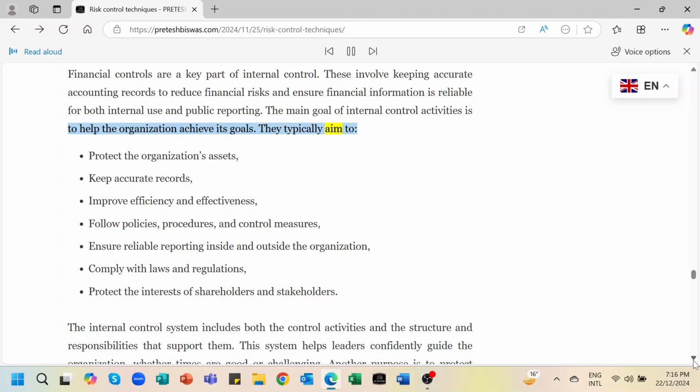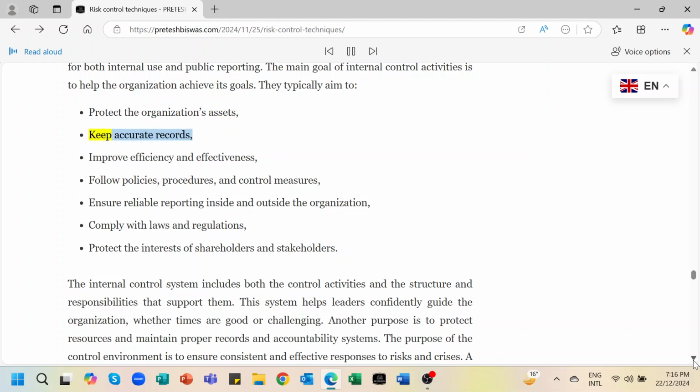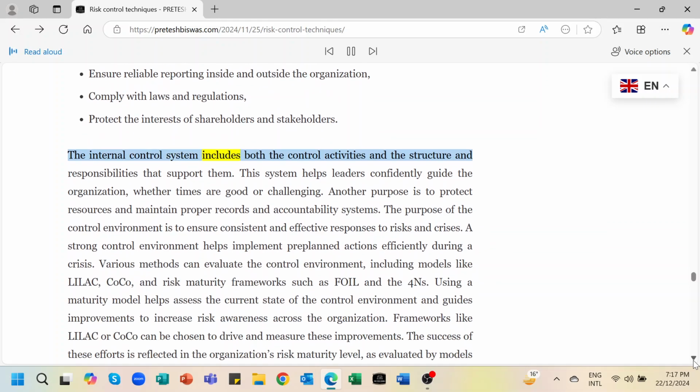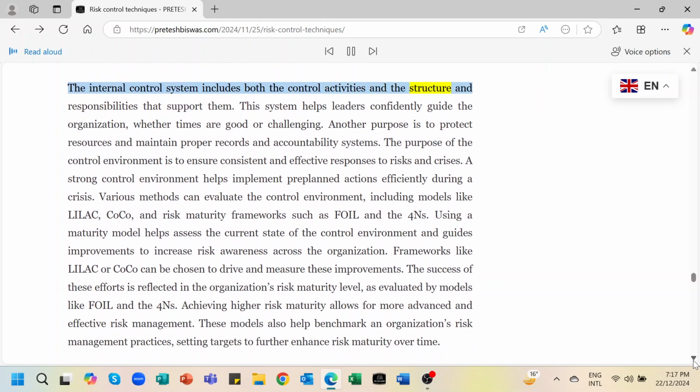They typically aim to protect the organization's assets, keep accurate records, improve efficiency and effectiveness, follow policies, procedures, and control measures, ensure reliable reporting inside and outside the organization, comply with laws and regulations, and protect the interests of shareholders and stakeholders. The internal control system includes both the control activities and the structure and responsibilities that support them.